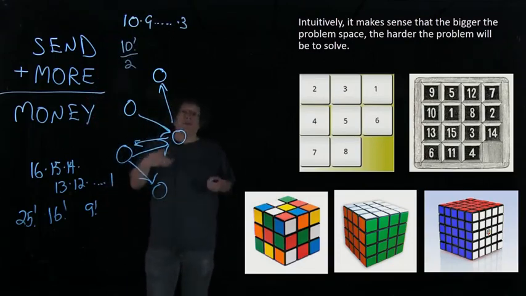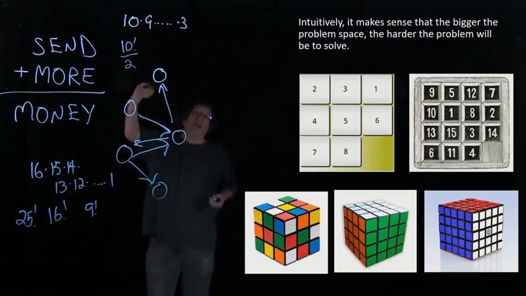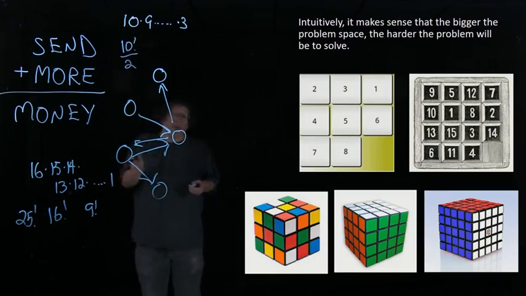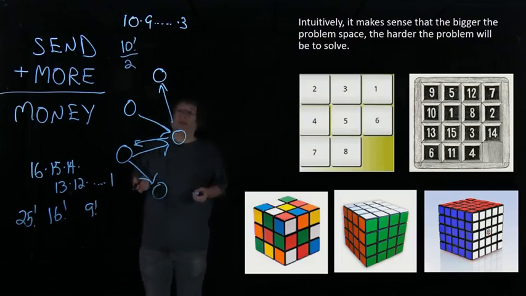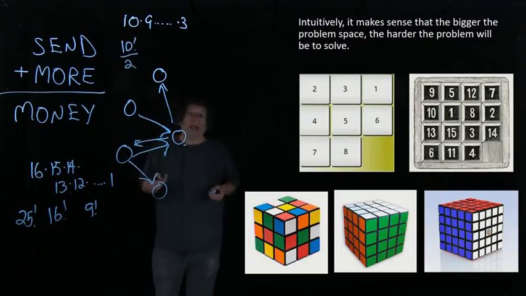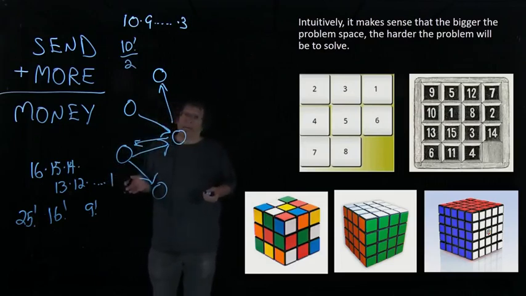So we have 10 factorial over 2 distinct assignments of numbers to letters here. We may, in fact, want to play with our representation of the problem space, but that's not a bad first estimate anyway of the size of the problem space. And it, too, is pretty big.